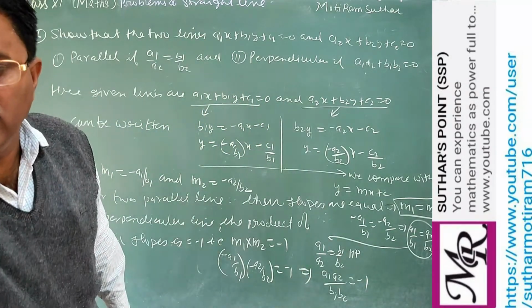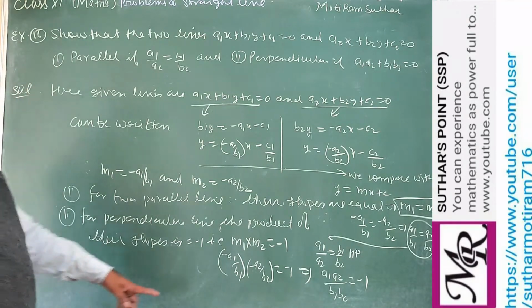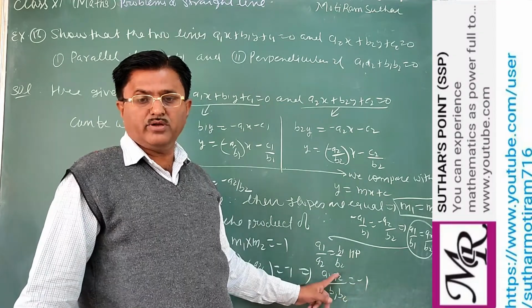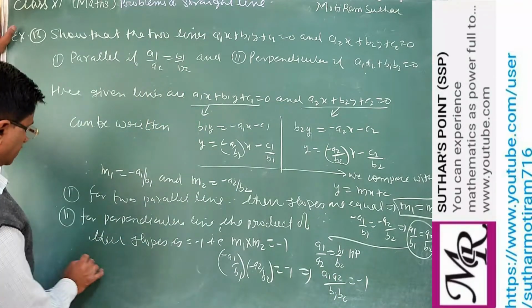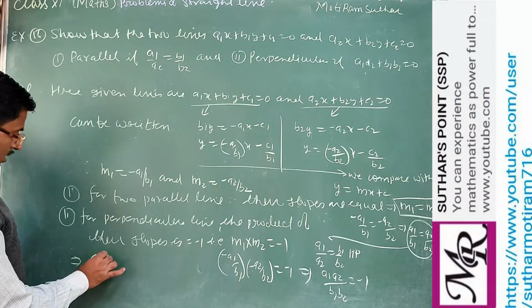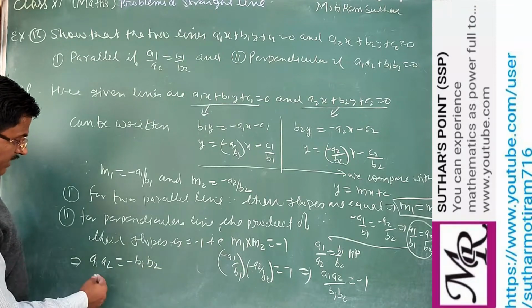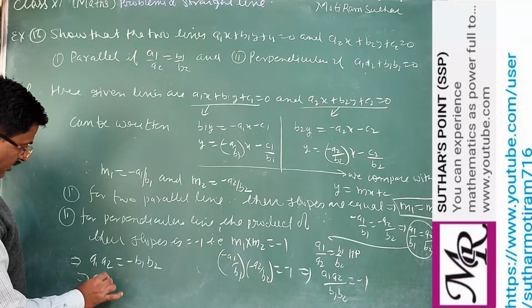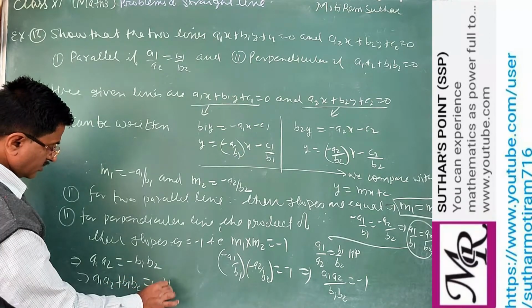Clear? Now cross multiply. What we get is a1a2 = -b1b2. Now transfer this term to this side, so a1a2 + b1b2 = 0.